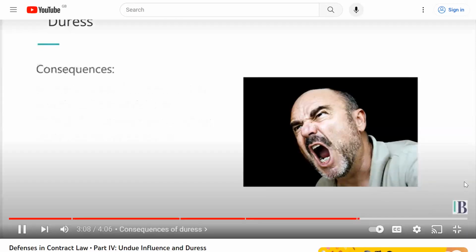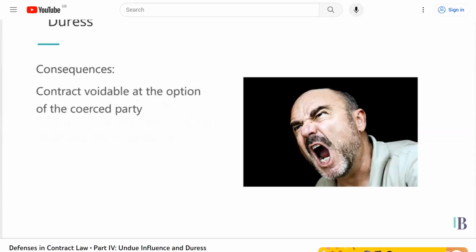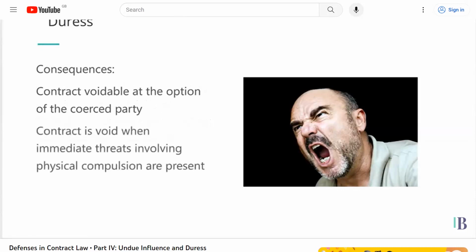The consequences of duress may be twofold. First, the contract is normally voidable at the option of the coerced individual due to duress. The party that received the threats may therefore choose whether or not it wishes to raise the defense. If it decides not to raise it, the contract will stand. Second, however, in cases where the threat is immediate and involves actual physical compulsion, then the contract is void.